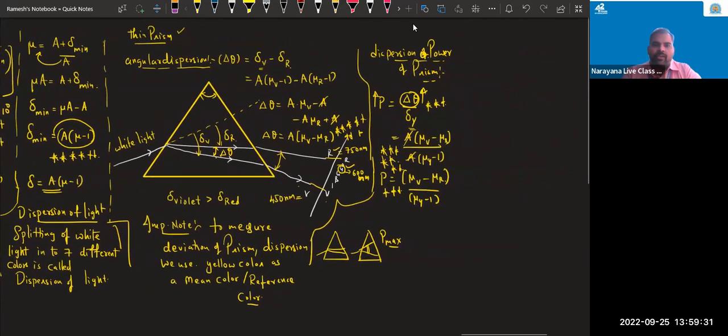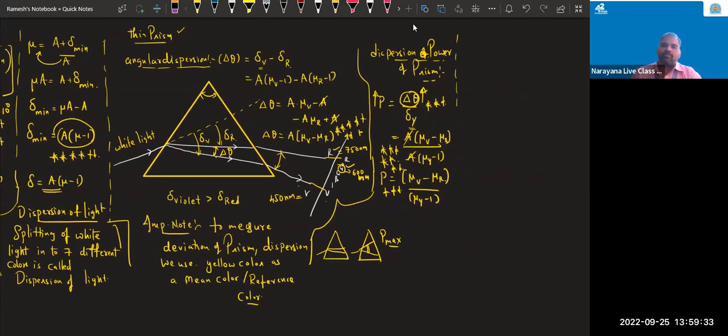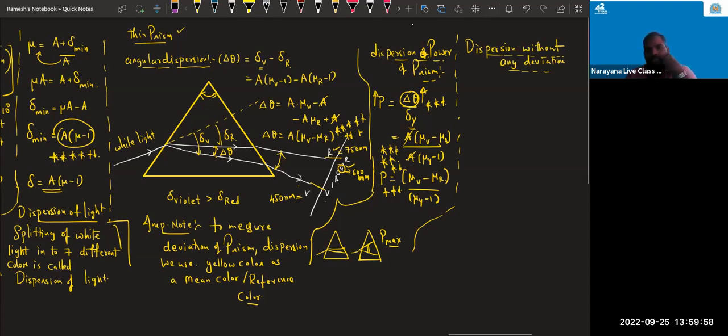Now let me introduce one very, very important concept. That is nothing but dispersion without any deviation. This is also called a prism doublet.